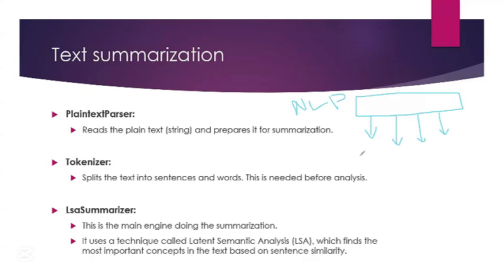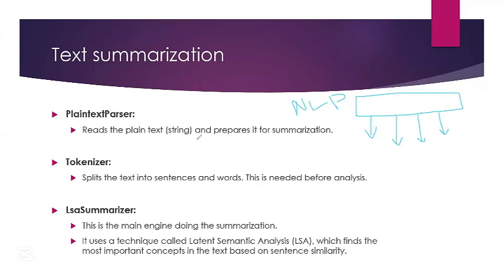Even ChatGPT, which uses a huge algorithm, in a nutshell, most large language models do the splitting or tokenizing part at the very initial stage to understand the input of the user, right?